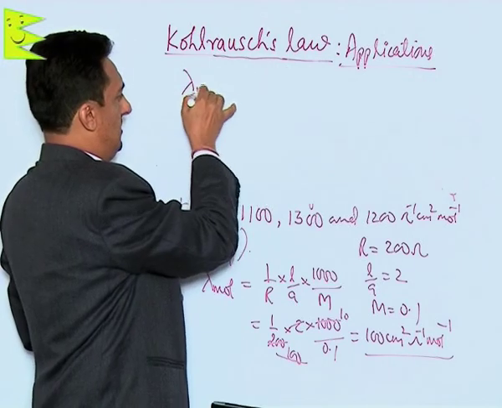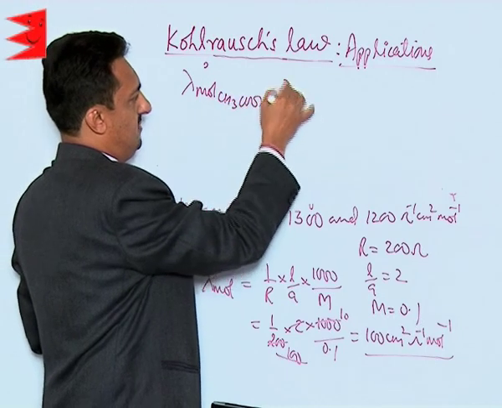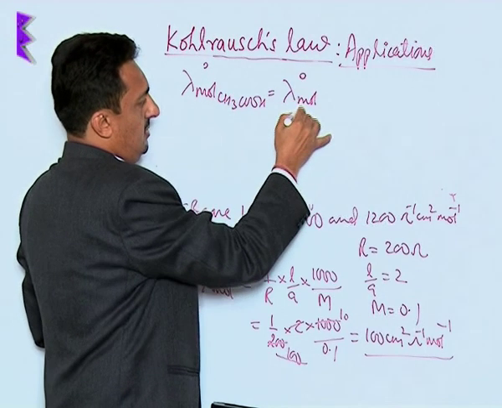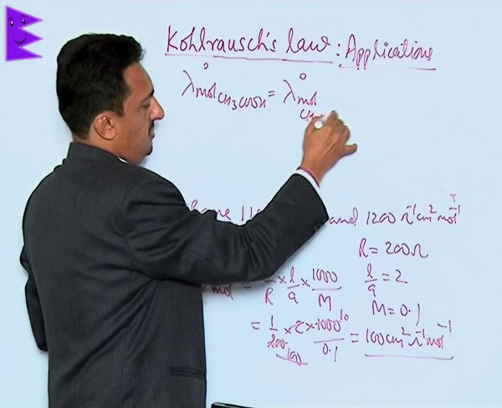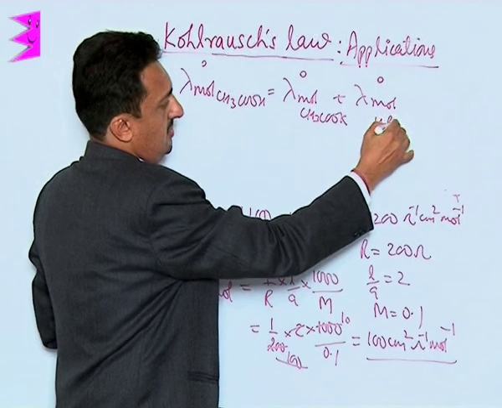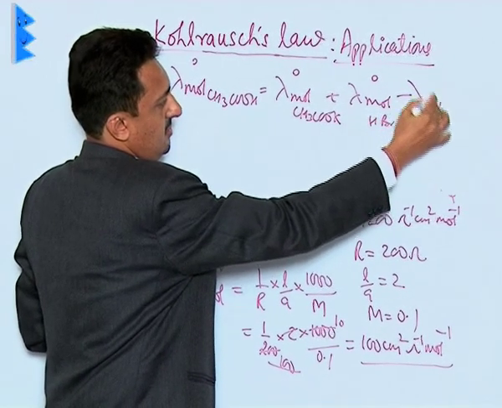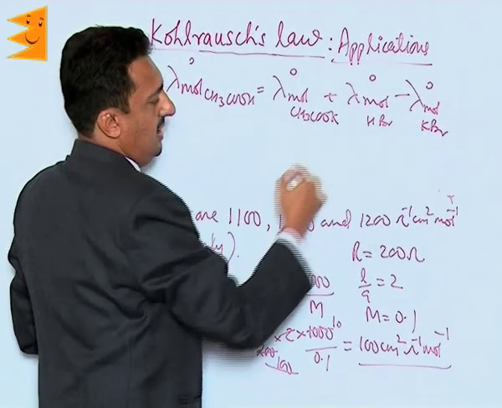The limiting molar conductivity of acetic acid will be the sum of potassium acetate and HBr minus KBr.